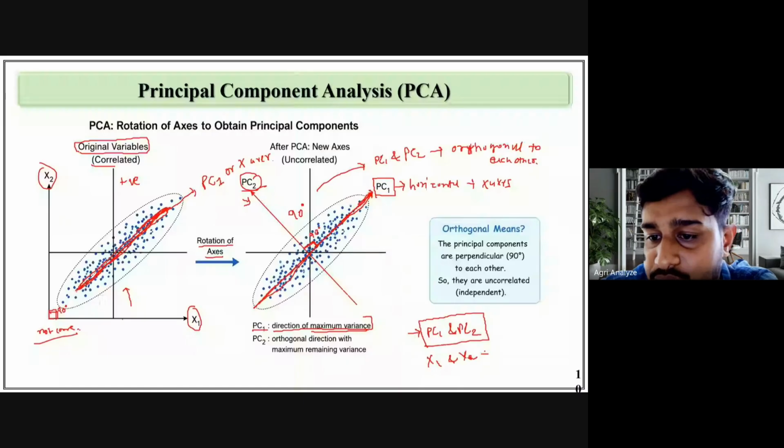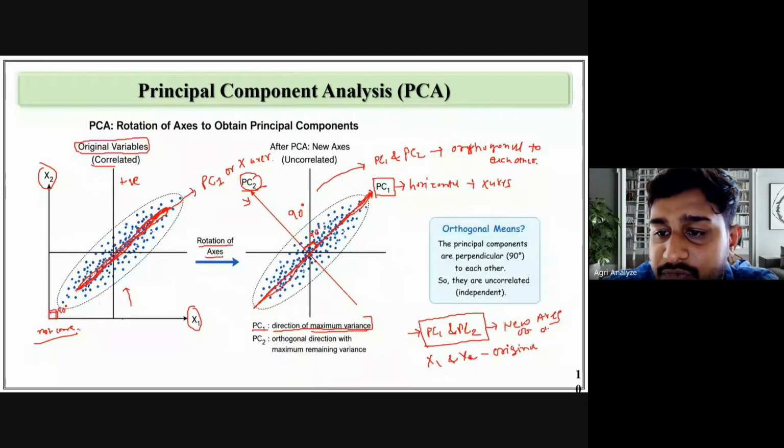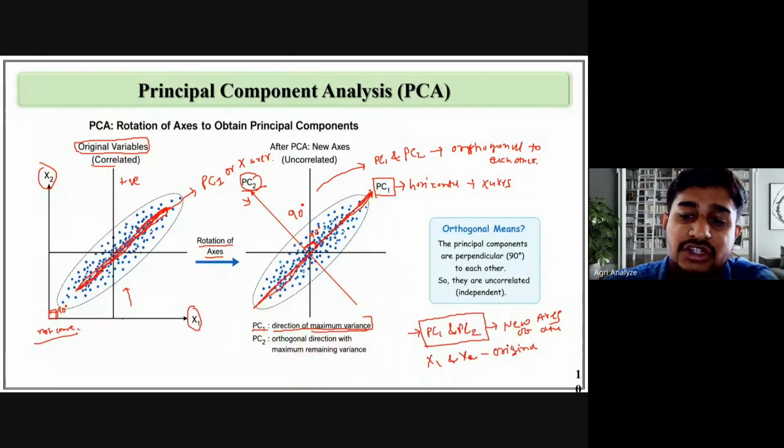PC1 and PC2 are the new axes of our data, which are uncorrelated with each other. X1 and X2 are the original axes or original data, which are correlated with each other, because we see a positive correlation between them.